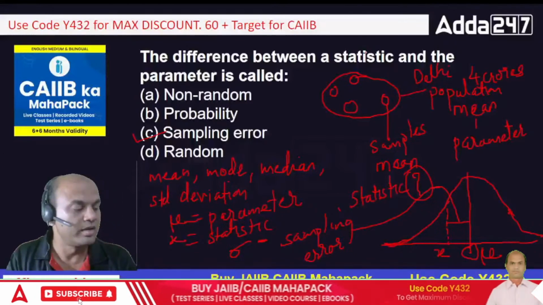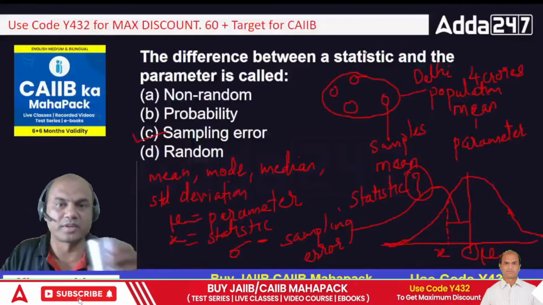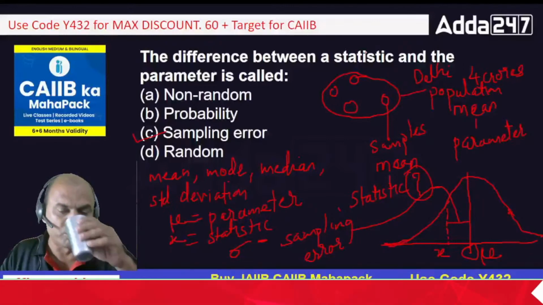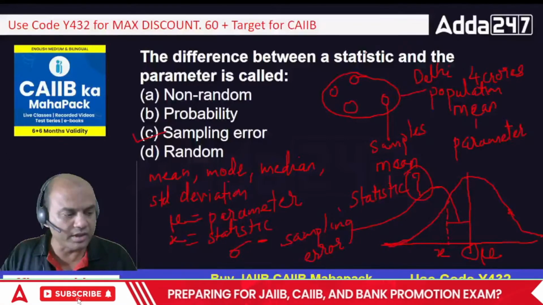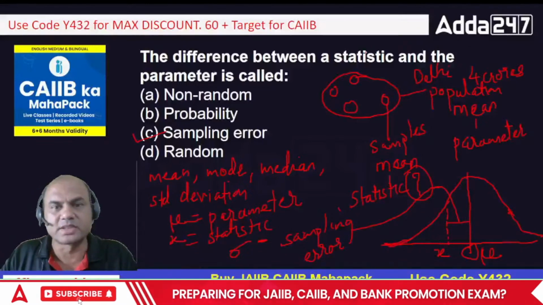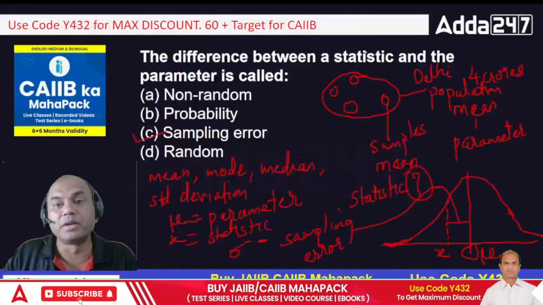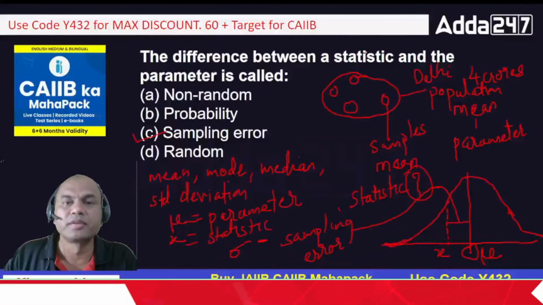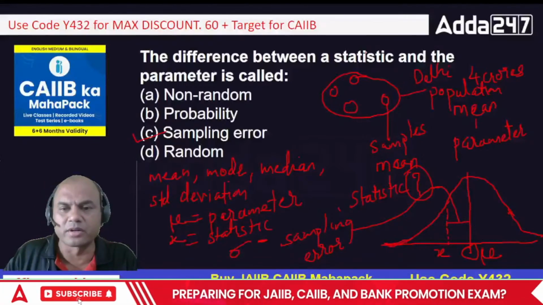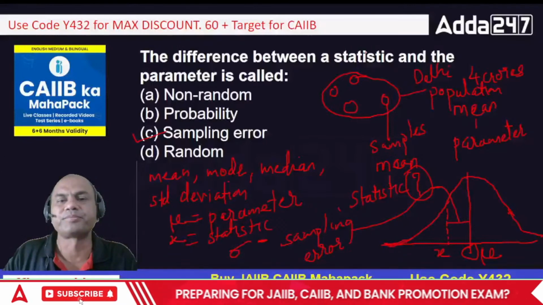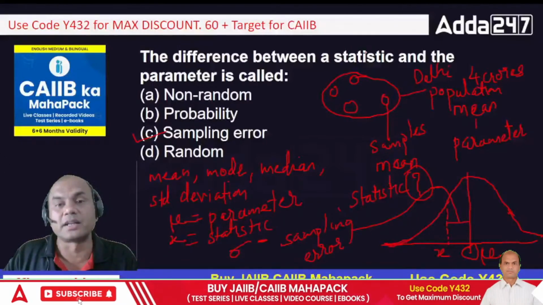Statistic or parameter? Mean for the sample. It is statistic. I want to see in the comment section. Yes, it is called statistic.